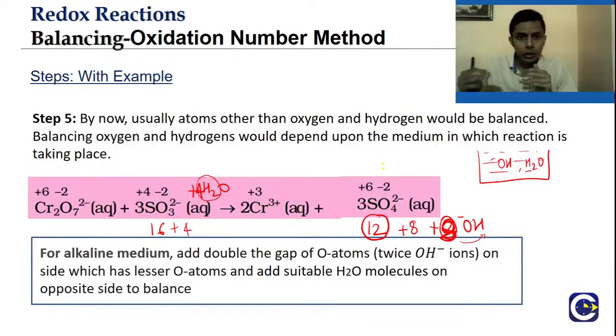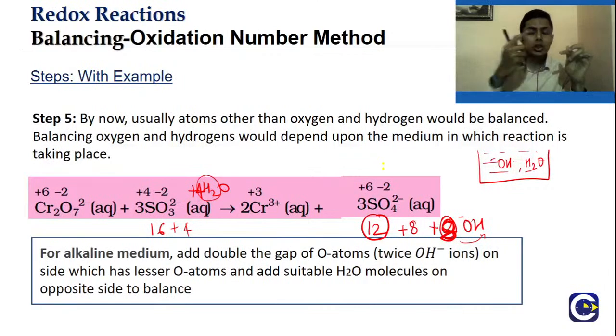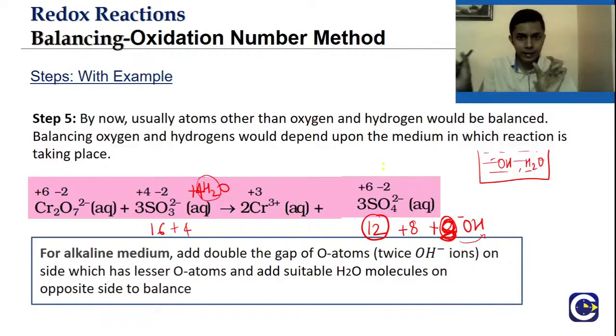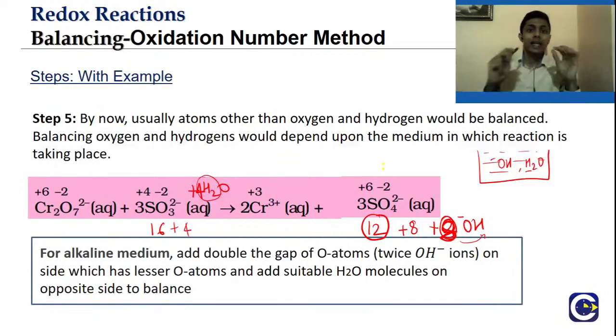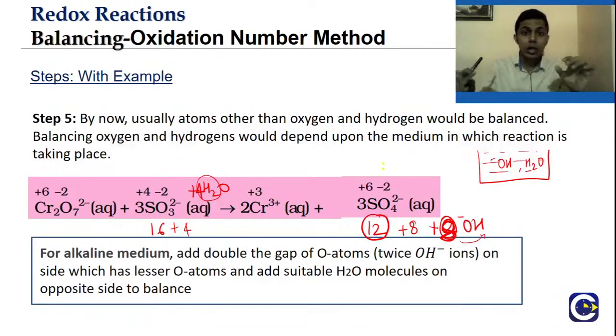In the oxidation number method, initially we'll write the equation properly, and then we'll find out the oxidation number of all the entities, and find out which one is undergoing oxidation and which one is undergoing reduction. And we'll find out the increase and decrease in oxidation number with respect to how many atoms are present.